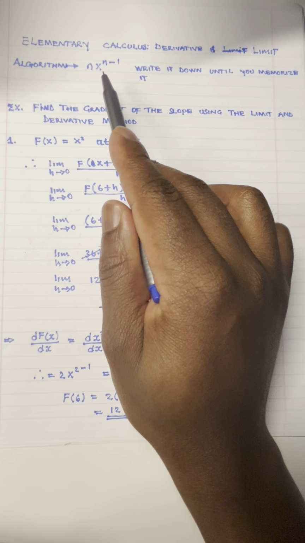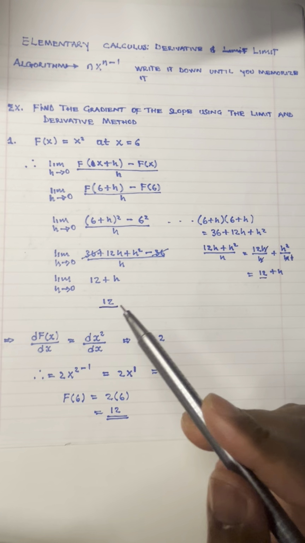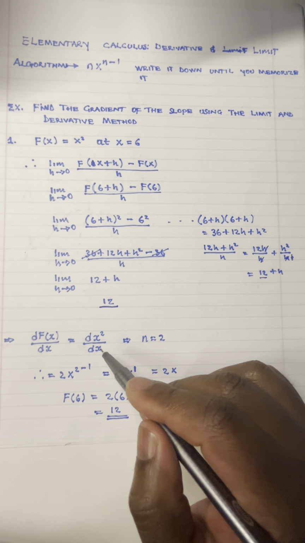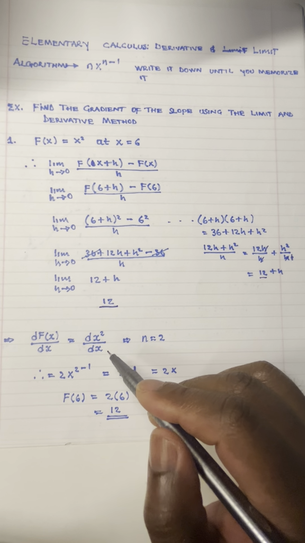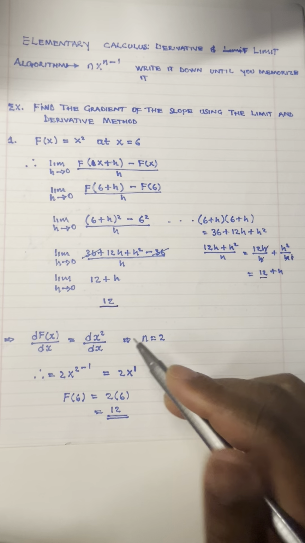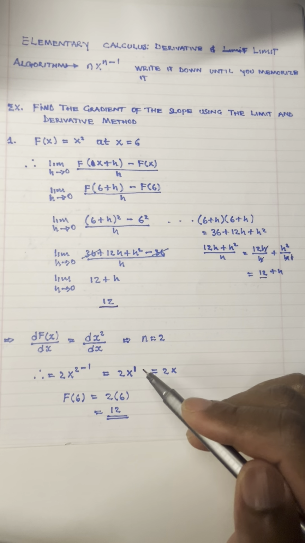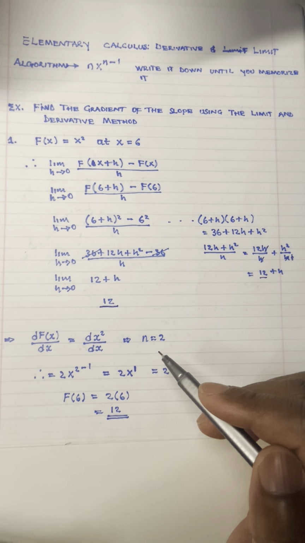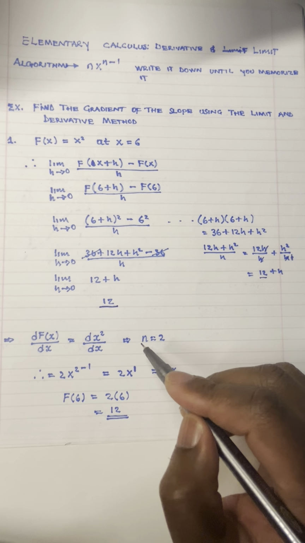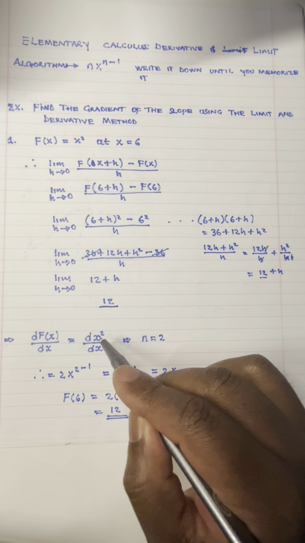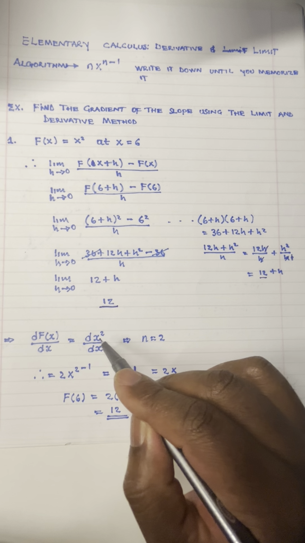The first thing that you want to do before you take the derivative is find out which one is n. When you find the n, your job is going to be easy, because right now n is 2, that's the square, that's our n over there.